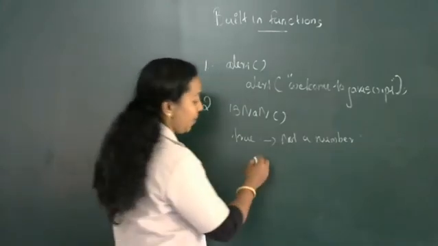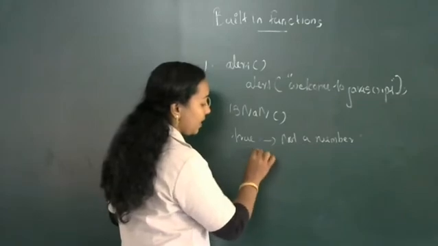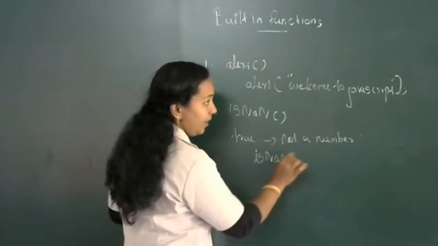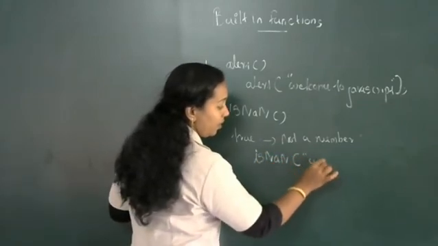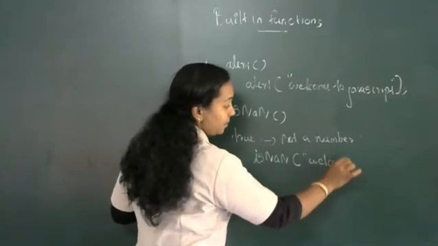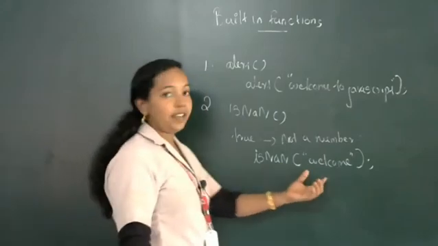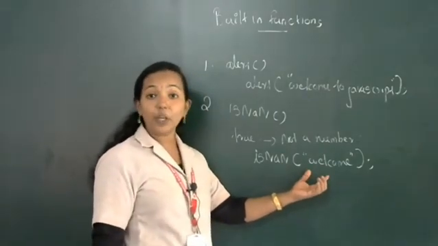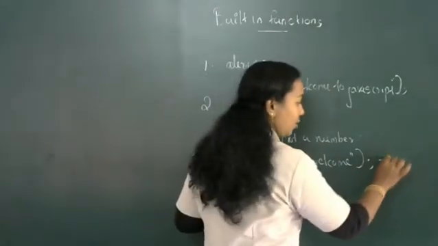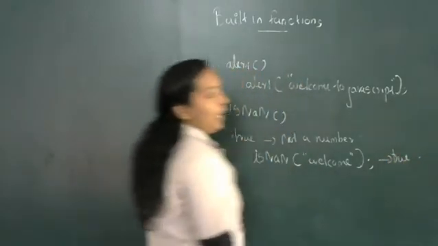For example, I can write isNaN of welcome. The entered input is not a number, so it will return a true value.